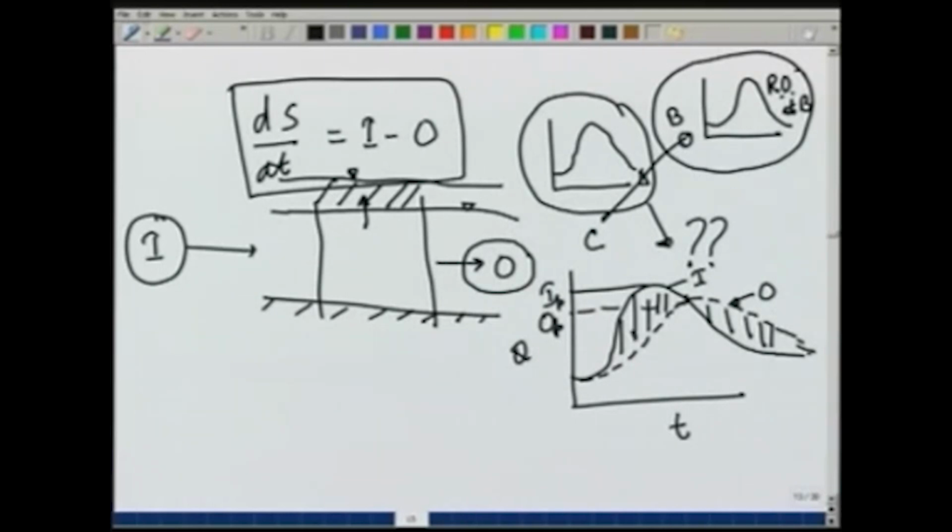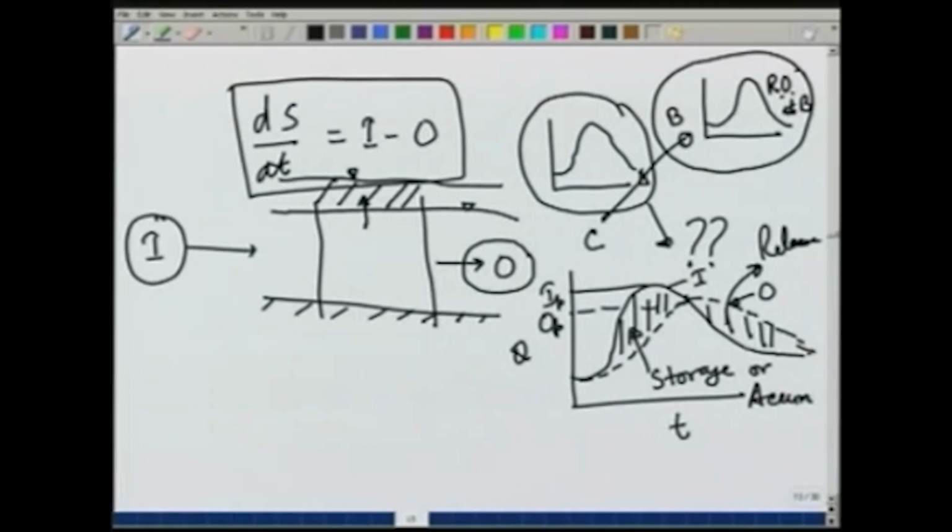So, we call this the storage or accumulation, and this as release. So, inflow more than outflow means water is going into storage, outflow more than inflow means water is coming from the storage or being released from the storage.